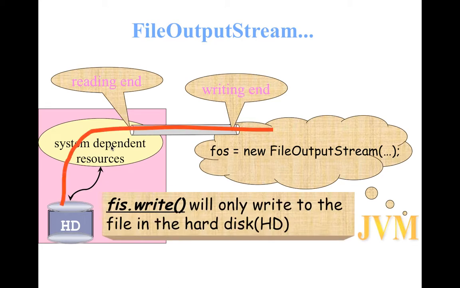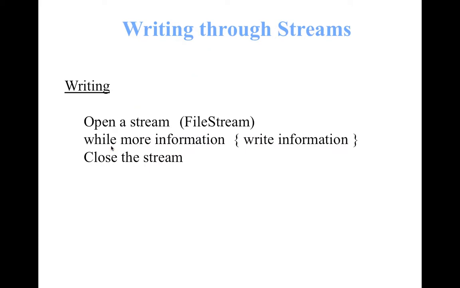So fis.write will only write to the file on the hard disk. Open a stream, while more information is available, write, and then close the stream.